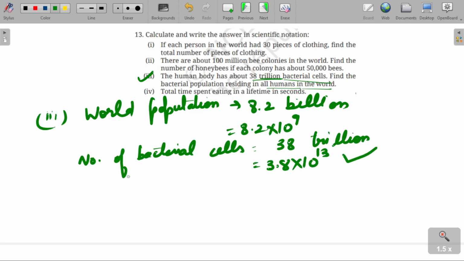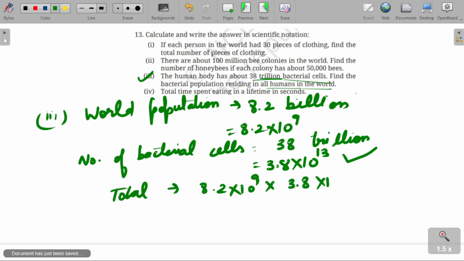Okay, so simple. Let's do it. The total bacteria residing in all humans in the world, you will multiply them, and it will lead you to this answer. You can try on your own. Okay.